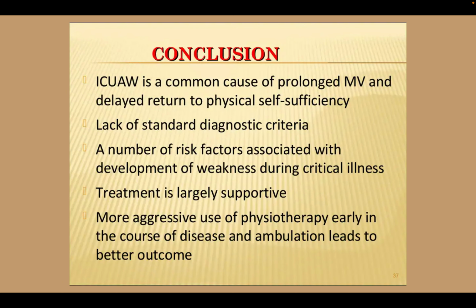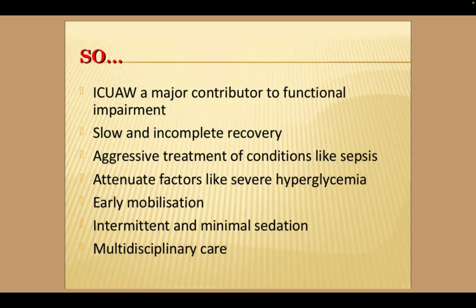So ICU acquired weakness is a common cause of prolonged mechanical ventilation and delayed return to physical activity. There is a lack of standard diagnostic criteria. There are a number of risk factors associated with development of weakness during critical illness. Treatment is largely supportive. You need to treat the cause, and more aggressive use of physiotherapy, early mobilization, and ambulation leads to better outcome.